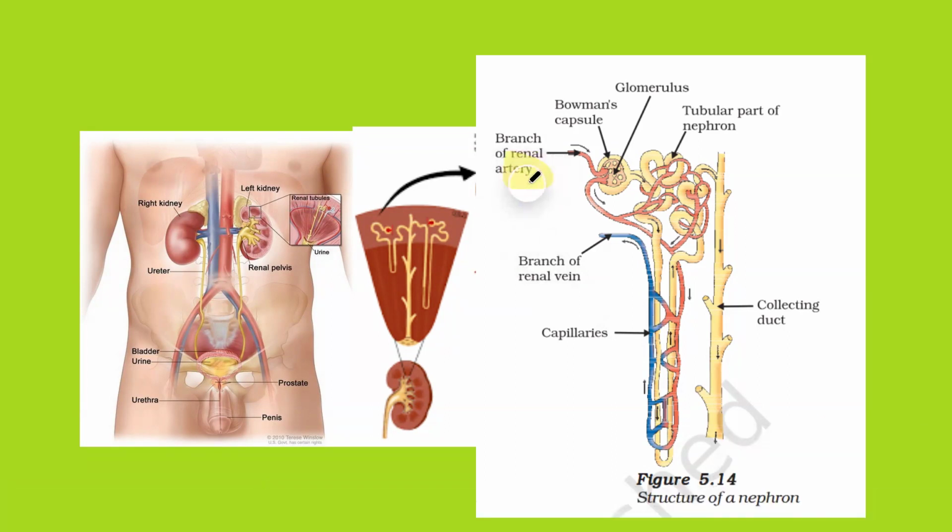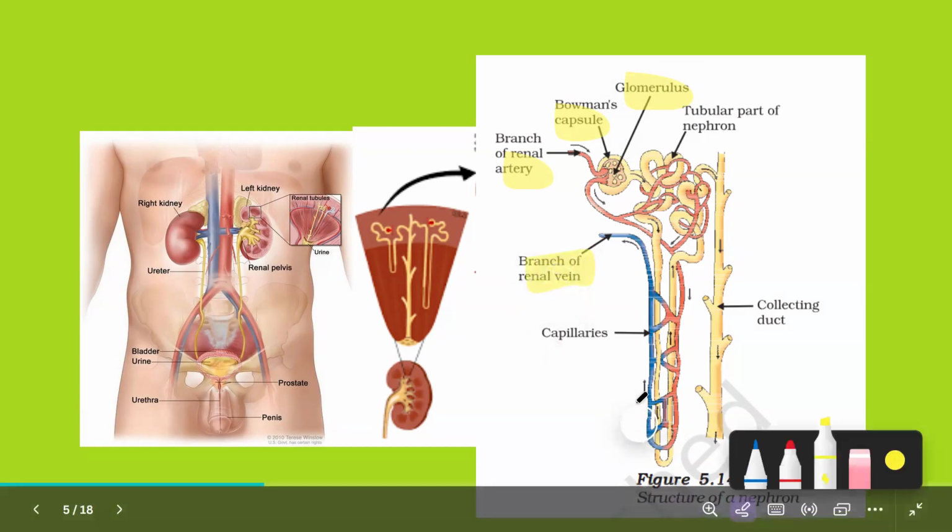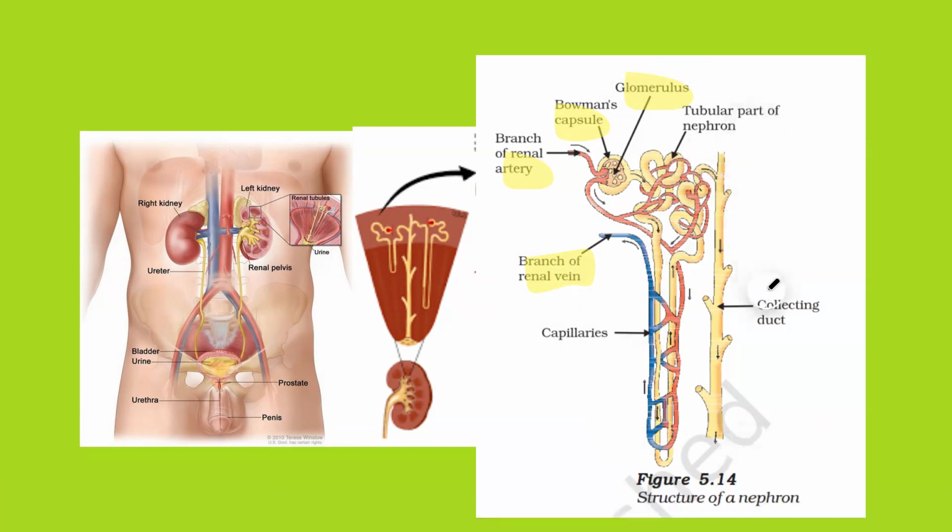Whenever we study the excretory system, the word renal comes up. The artery carries oxygenated blood in, and we have the Bowman's capsule and glomerulus, then a branch of the renal vein, capillaries, the loop of Henle, the tubular part of the nephron, and the collecting duct.